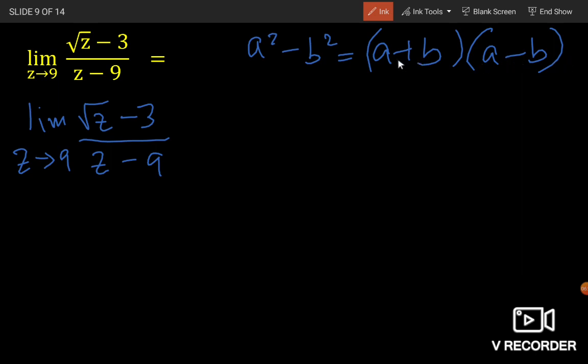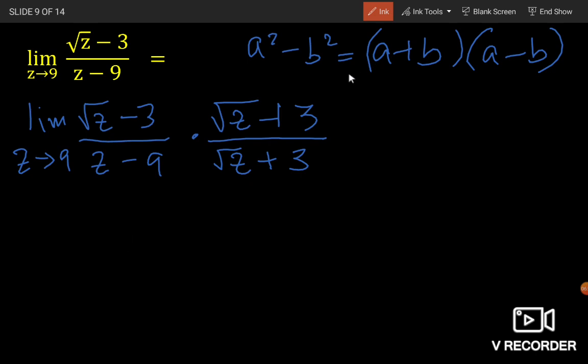So let's have a plus b now, which will be the square root of z plus 3. Of course, to make this fraction equal to 1, we have to have the square root of z plus 3 here as well. So the square root of z plus 3 divided by the square root of z plus 3 is basically equal to 1, so we're not changing the original expression.